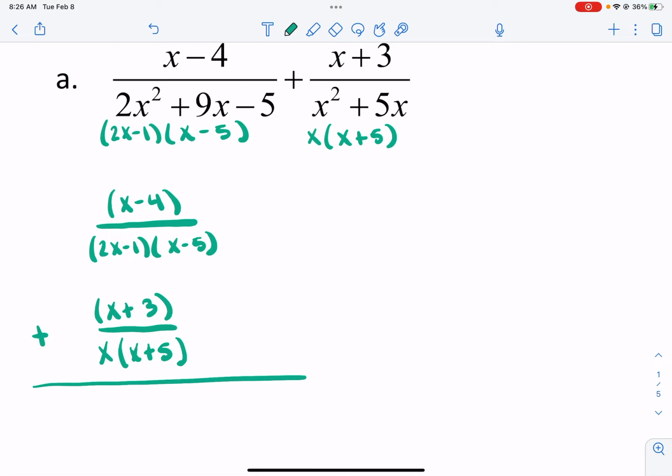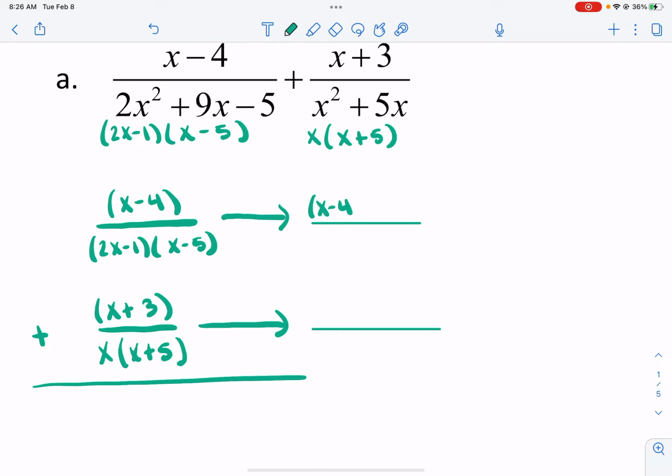Okay, so I like to write my arrows and then rewrite them, leaving just a little bit of room. I like to rewrite what I already have. I've got the x minus 4 and the 2x minus 1 and the x minus 5 and the x plus 3 and the x plus 5.